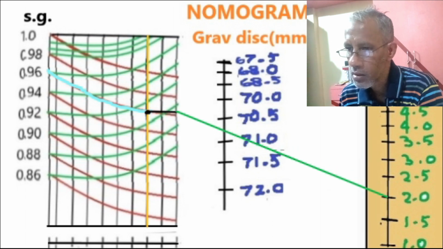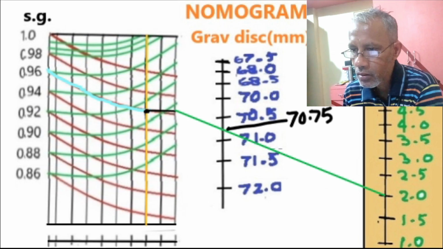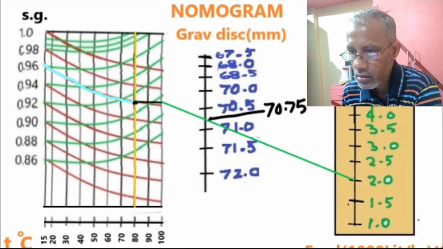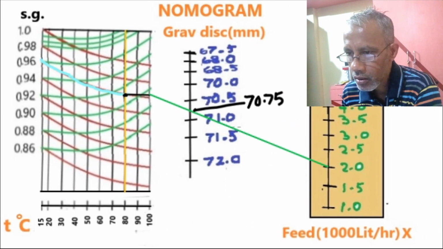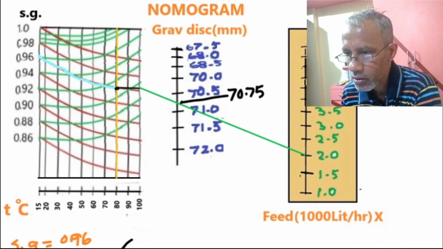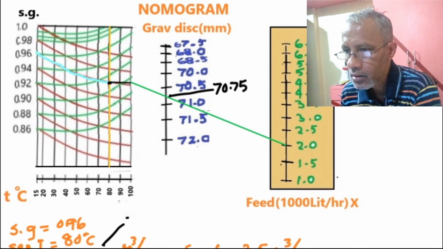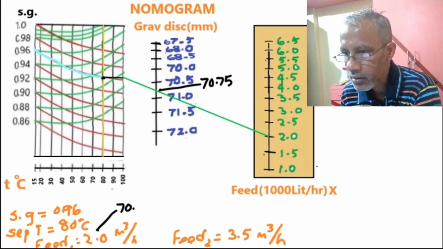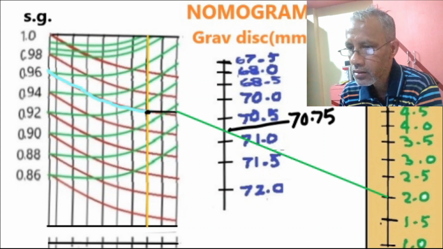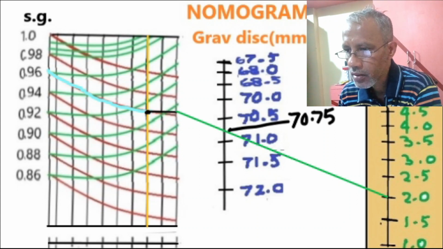The gravity size is about 70.75 mm. So let's write it down here. For 2.0 meter cube per hour, it is 70.75. And next, for 3.5 meter cube per hour, we'll have to trace it right up to 3.5 meter cube per hour.